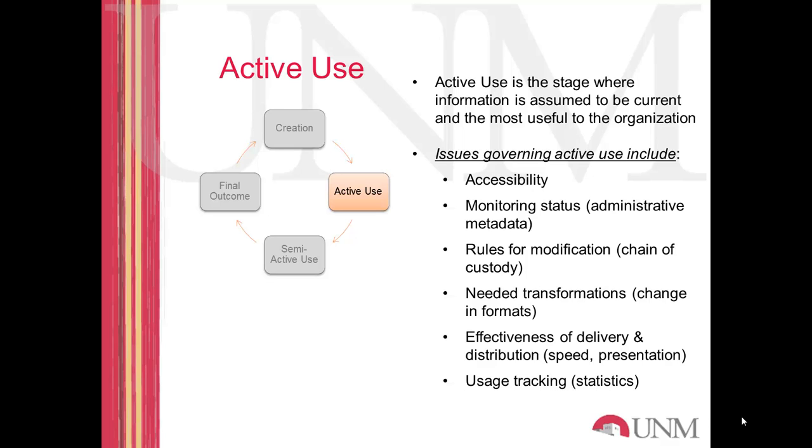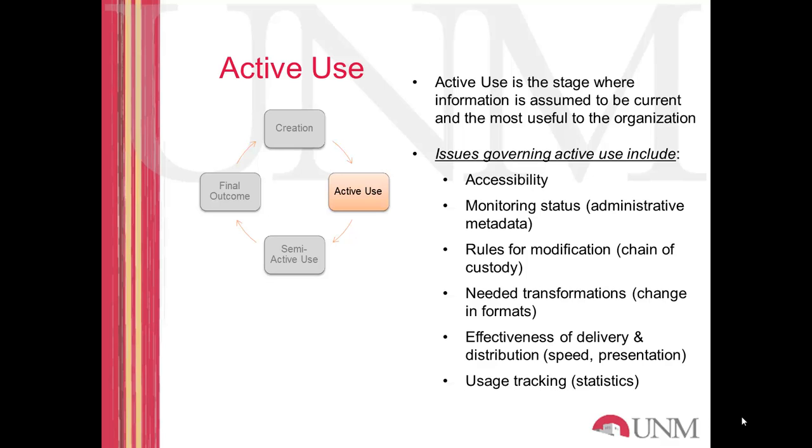Also, we need to know if we need to change the format of the information. We need to know whether we have the most effective way of delivering it and distributing it to the users who need it. So how fast can we get our users the information in the format that they need to be able to use it in?